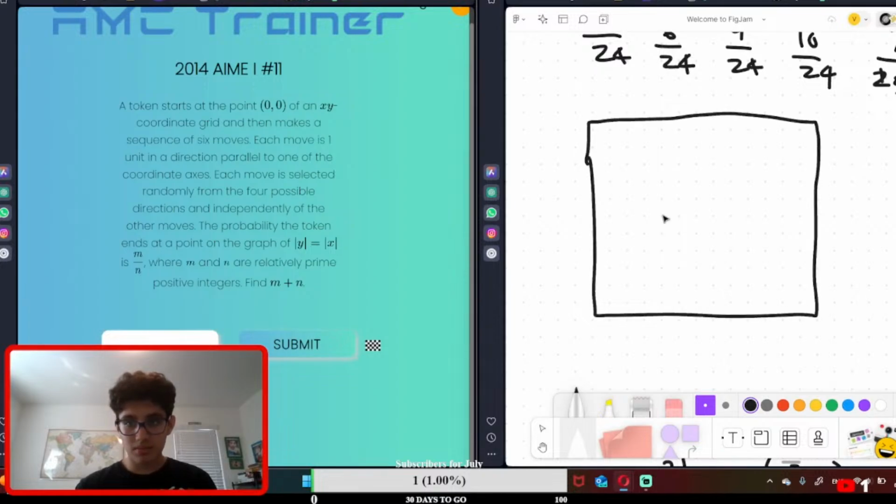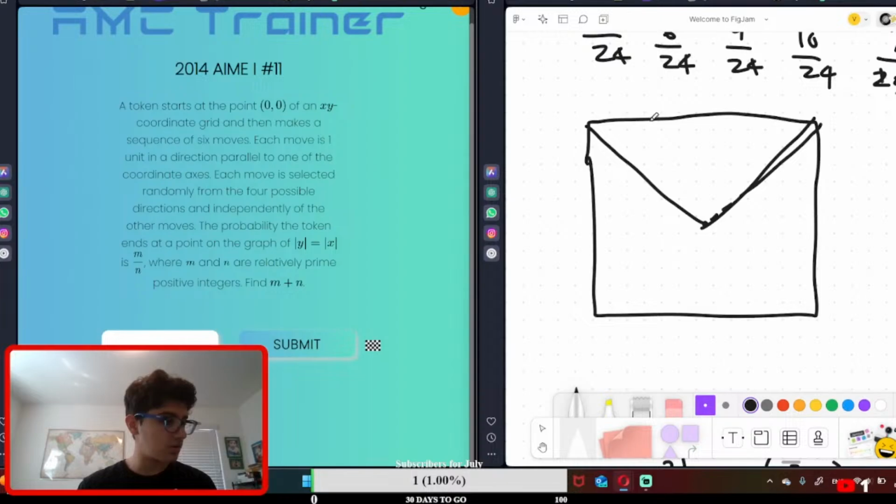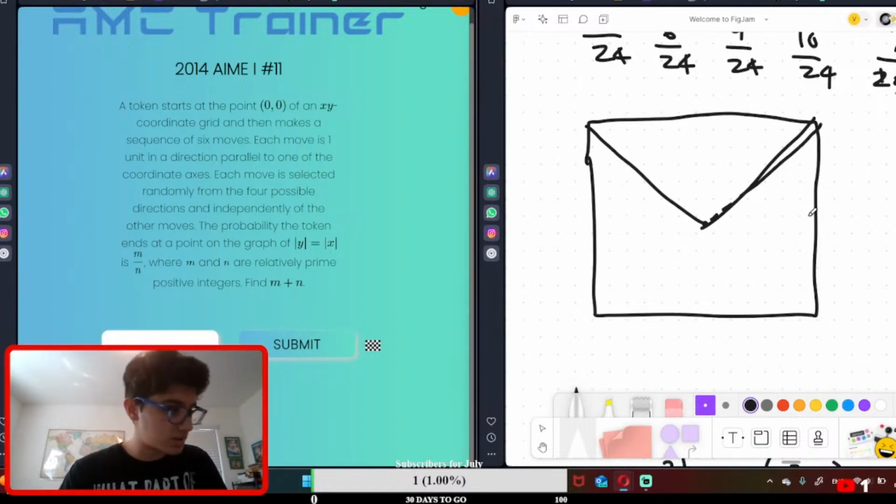It begins here, and you basically have this, and you have this. How many total squares can your token go to? How many total lattice points can you go to?